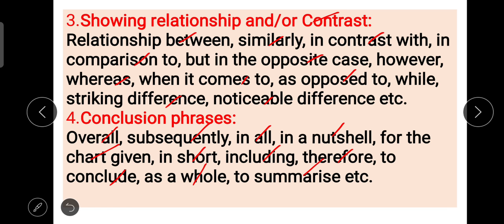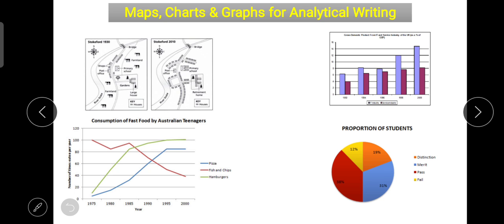So these are the technical words especially for analytical writing, which will be a very helping hand for us if we learn and use them.